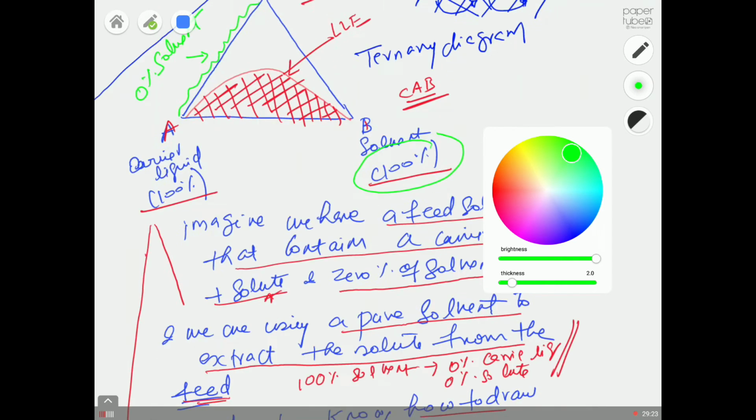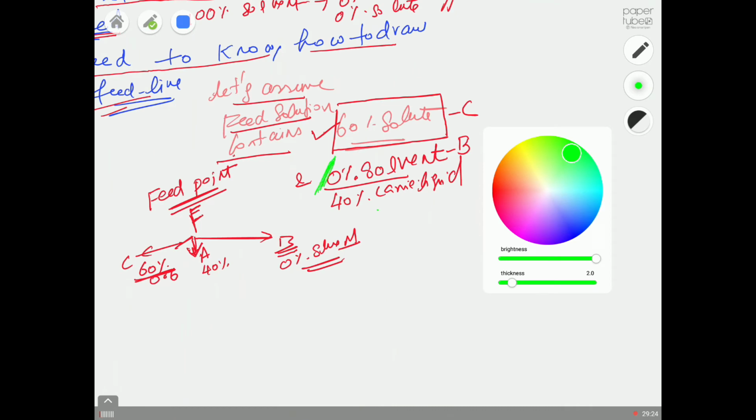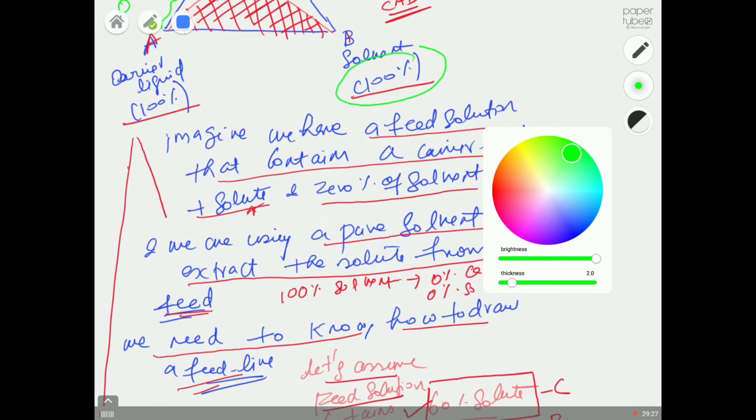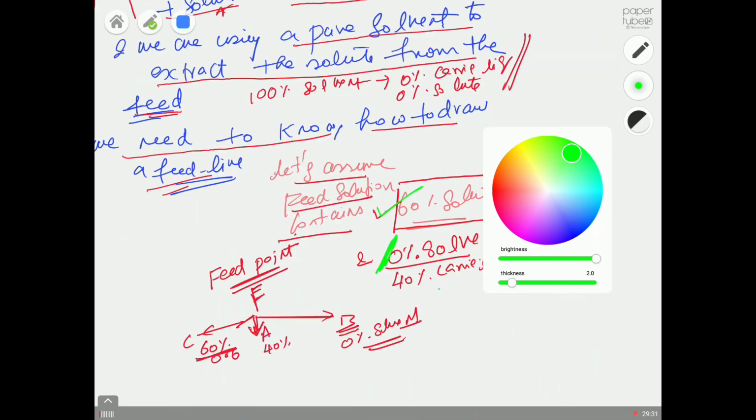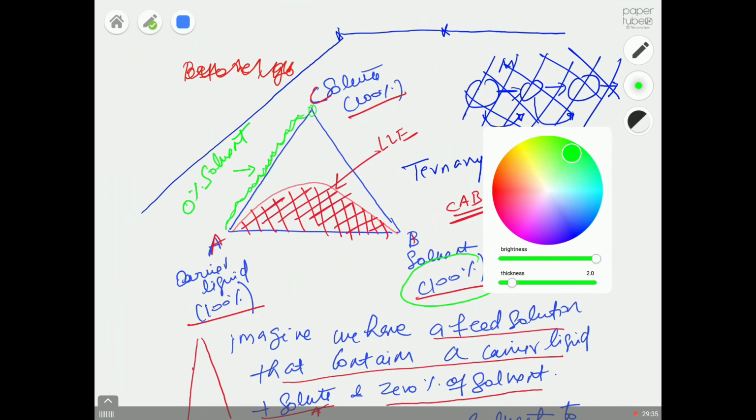So if you come back to this problem, this 0% solvent should be somewhere on this baseline of your ternary diagram, and then 60% of your solute, which is C. So this point is your 100% C. Just follow the green arrow which I am drawing now. So 60% solute will be somewhere around here on this line. So this will be 60% of your C.